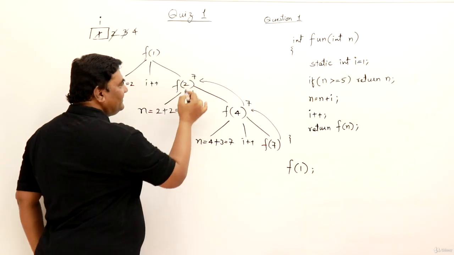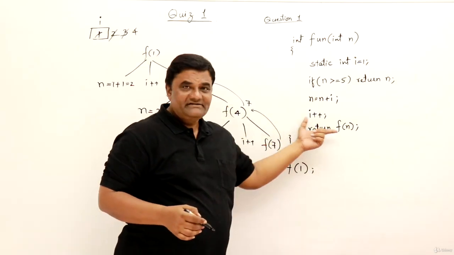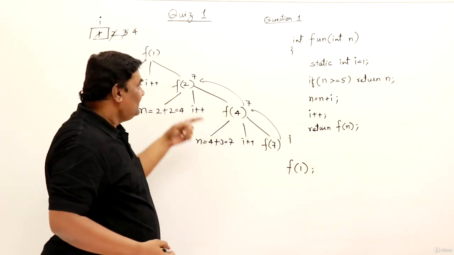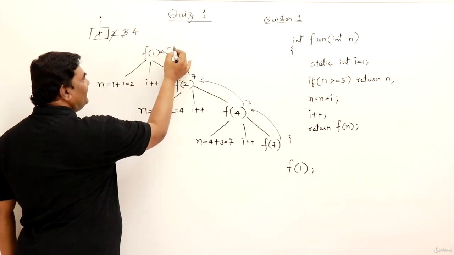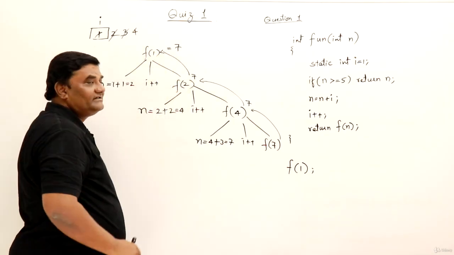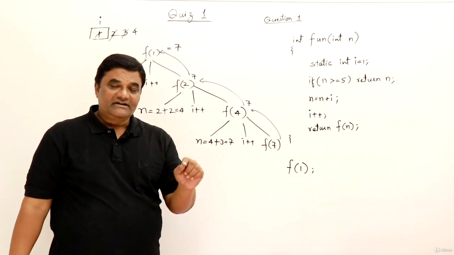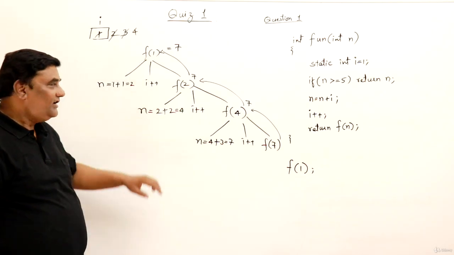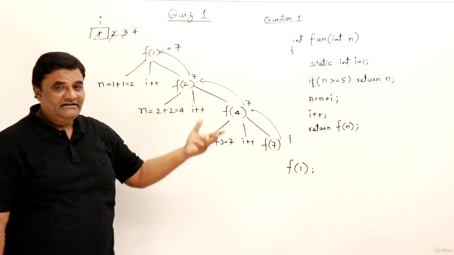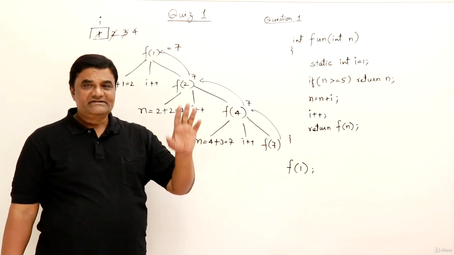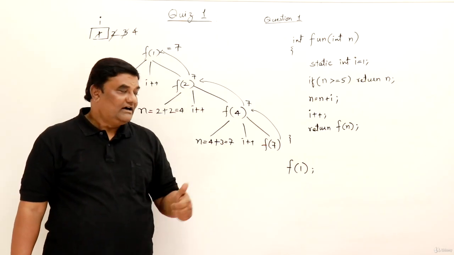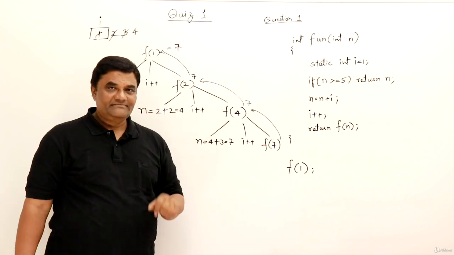Again, this is the same statement, from here we have called, so return from here also. So this is 7. Finally, the answer for this one is 7. The result of this function is 7. If you have not maintained a single copy of I, then you might have got wrong results. So the answer for this is 7.